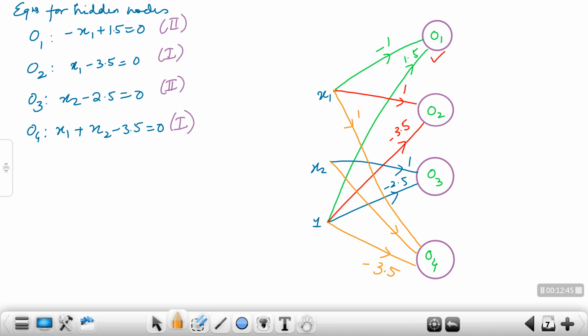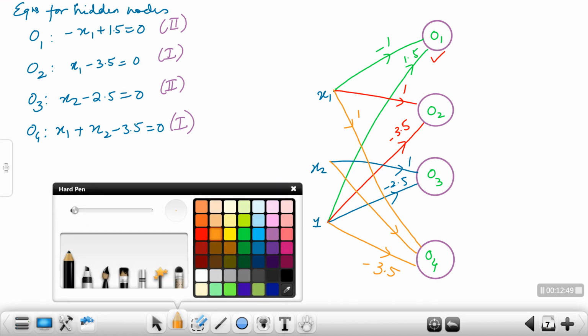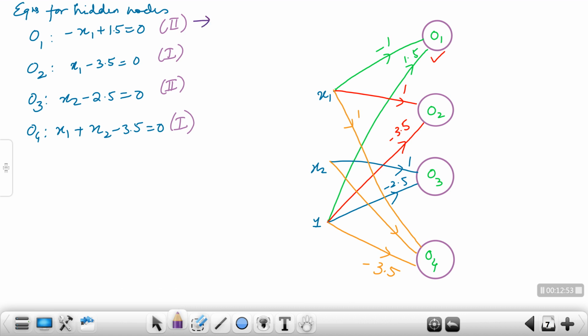Now we need to calculate the weights which will be there for the next part, that is from the hidden layer to the output layer. So what weights?